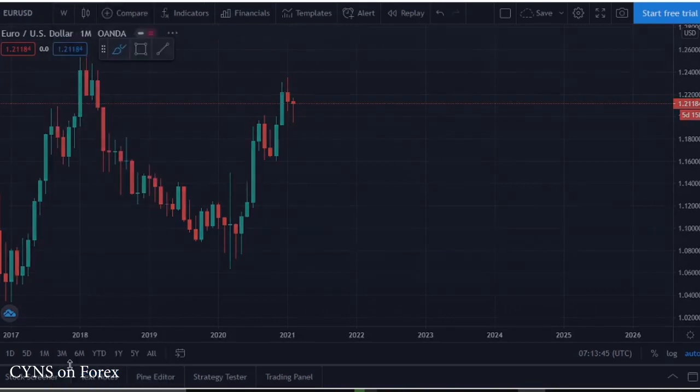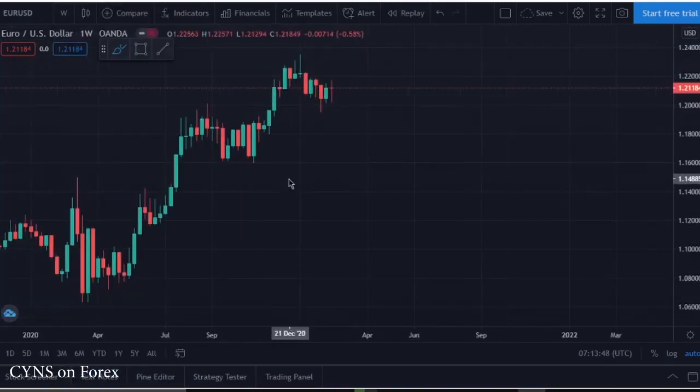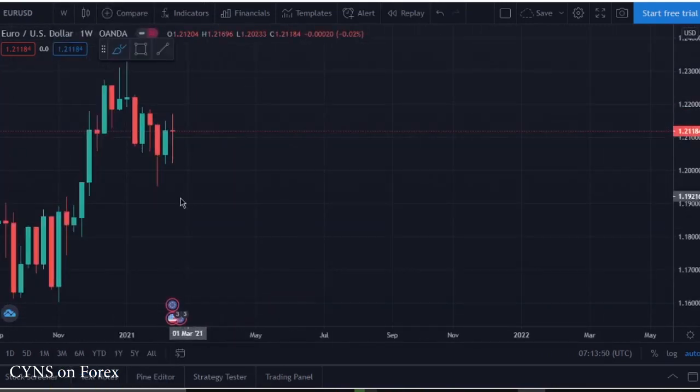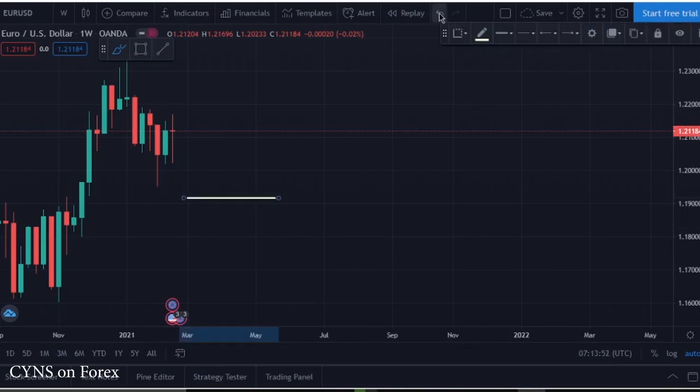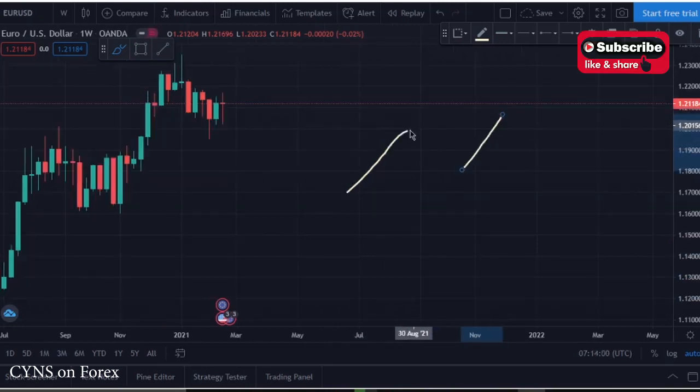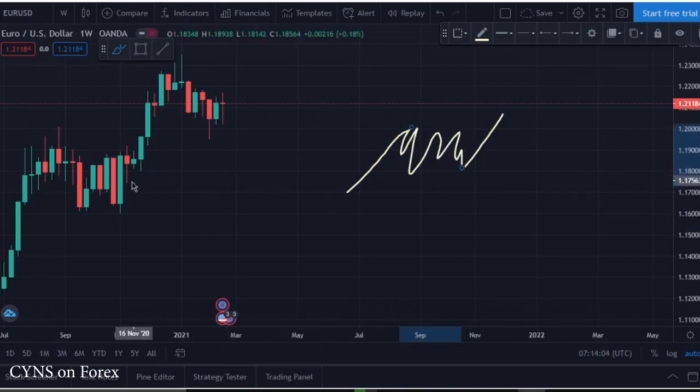Now, going down into the weekly time frame. In the weekly time frame, what can we see in the market? If we have an impulse, what can we expect? It's not a large impulse. It should create another impulse to the upside, and everything happening in between is called a correction.